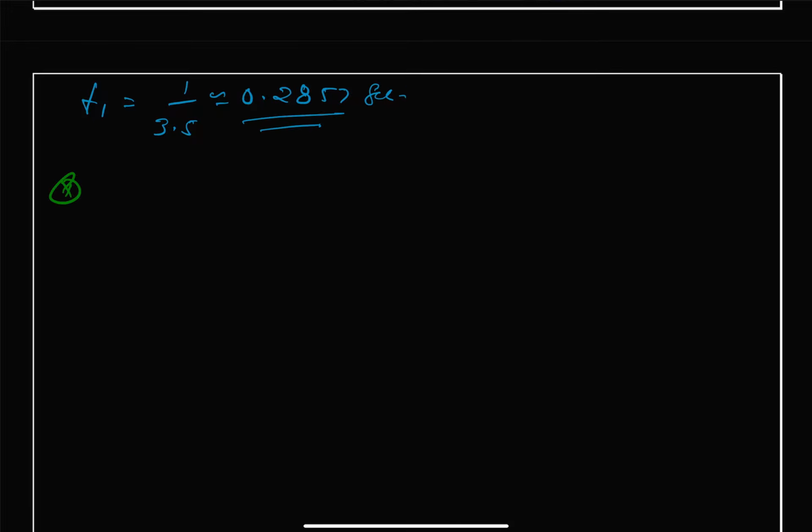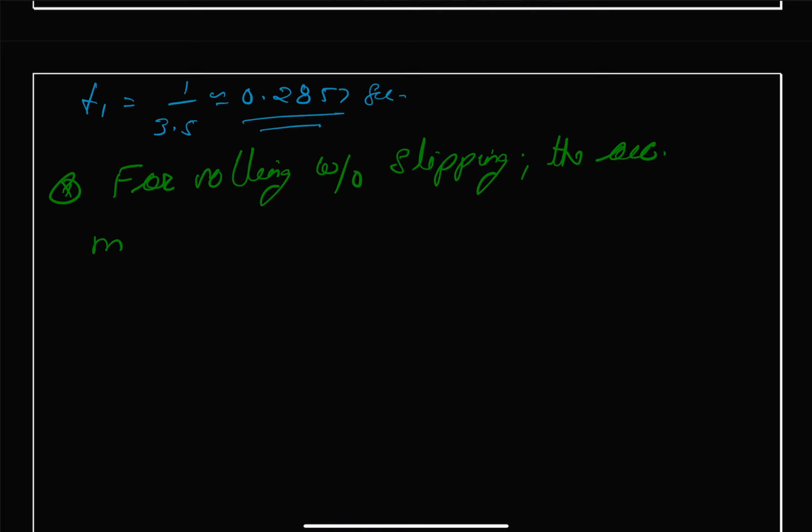We can say for rolling without slipping, the acceleration magnitude, and here acceleration we are talking about the center of mass acceleration, which we have calculated as a.